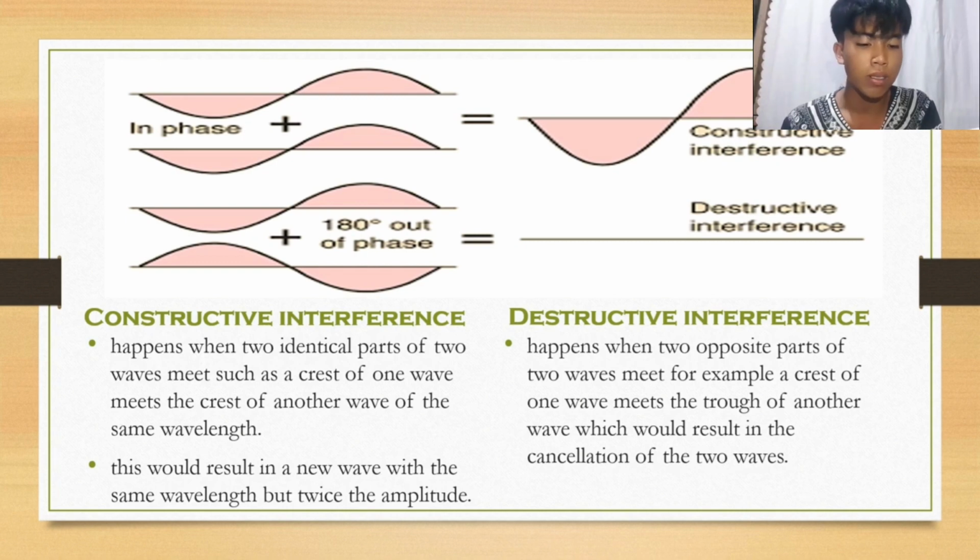Destructive interference happens when two opposite parts of two waves meet. For example, a crest of one wave meets the trough of another wave, which would result in the cancellation of the two waves. You know it's destructive interference if the resultant wave no longer disturbs the medium.